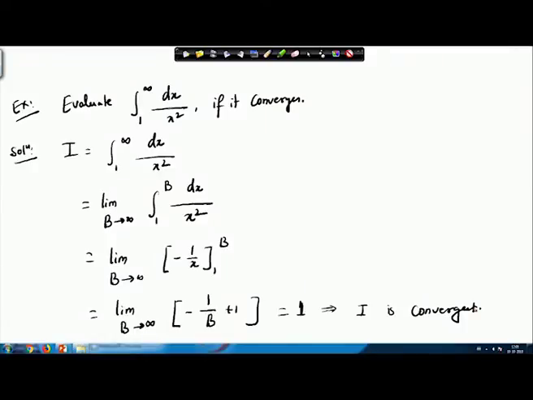So, in any one of these examples, we can see that if either one of the limits is infinity, then all we have to do is to consider the limit form of that integral, evaluate the integral the way we do, and then finally pass on the limit, and the value of that limit will be the value of the integral.